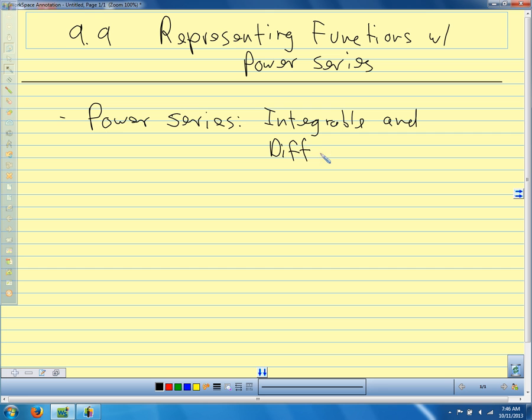And because they're differentiable, what else does that guarantee about the power series? They're continuous. So integrable, differentiable, and continuous. So I'm just going to put continuous in parentheses.